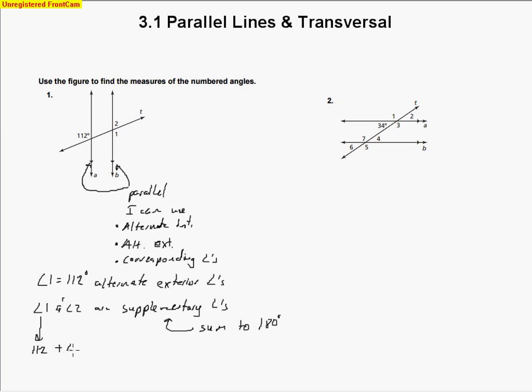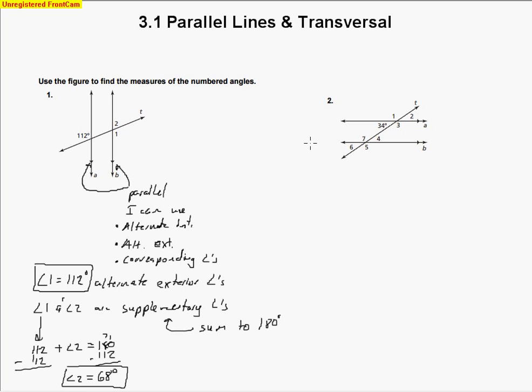Don't know what angle 2 is yet, but I know they add to make 180 degrees. So all I have to do is subtract 112 from both sides, and that would give me what angle 2 is. So I go ahead and borrow a little bit, and that gives me 68 degrees. So angle 2 is 68 degrees, where angle 1 is 112 degrees.